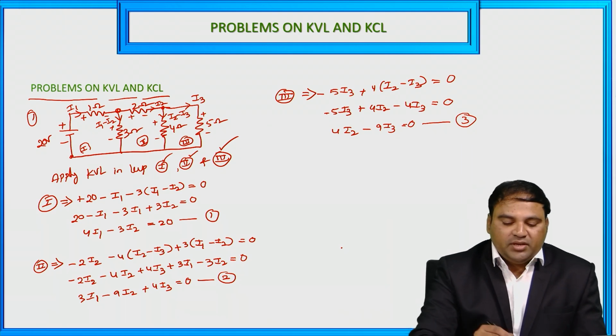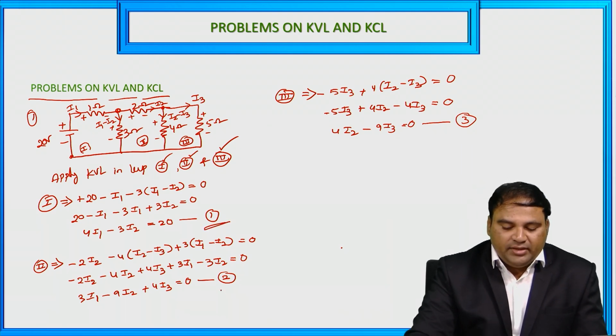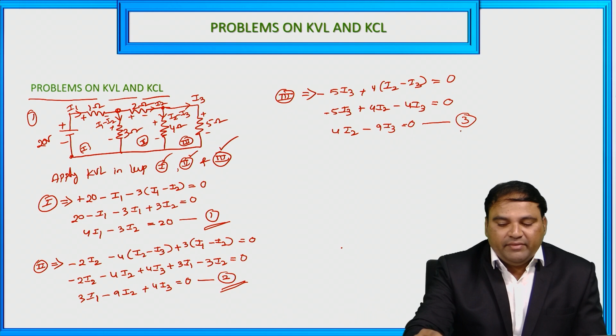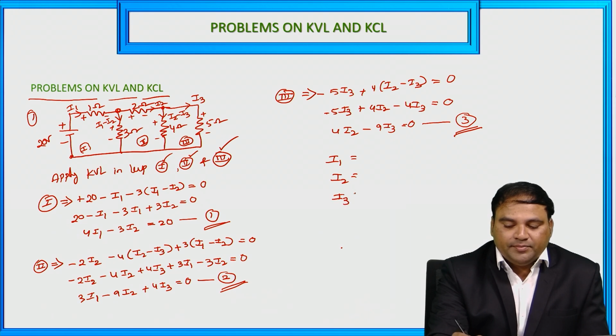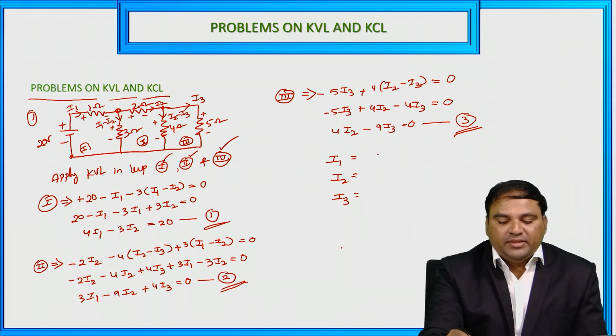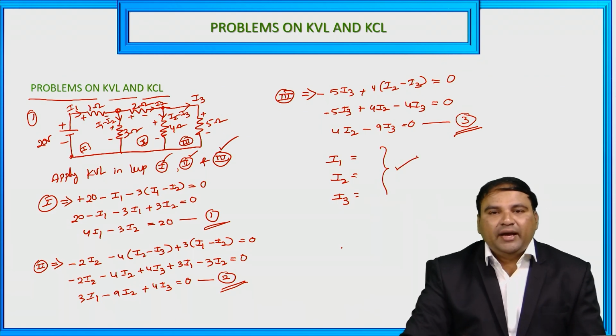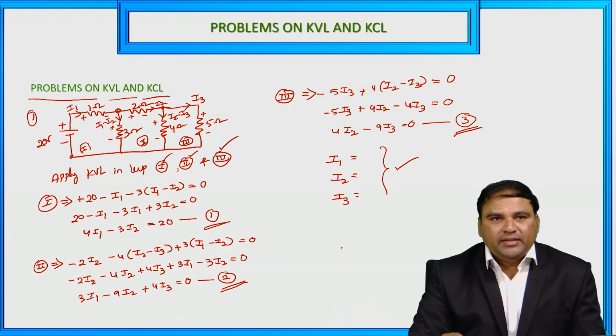Now by solving equation number 1, equation number 2 and equation number 3, we will get the loop currents I1, I2 and I3. Similarly, we can calculate the voltage drop and power across each and every element.